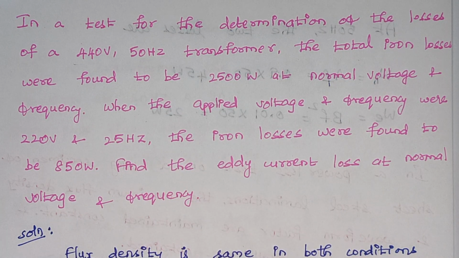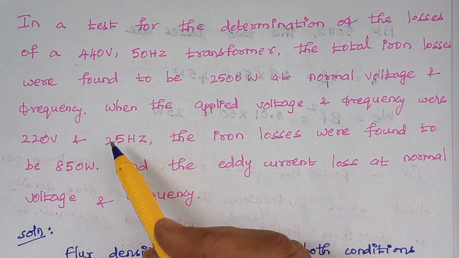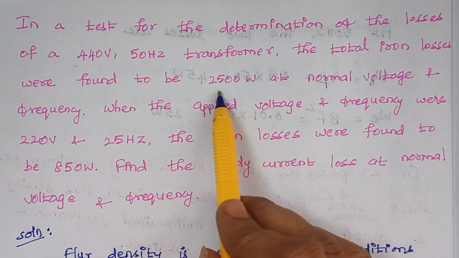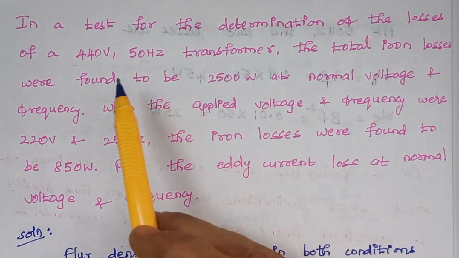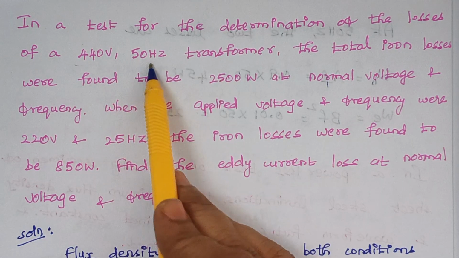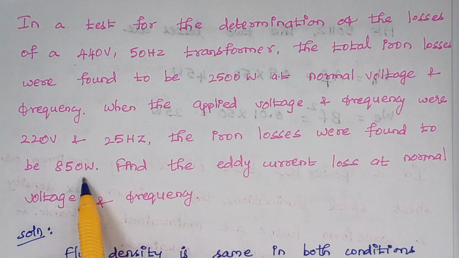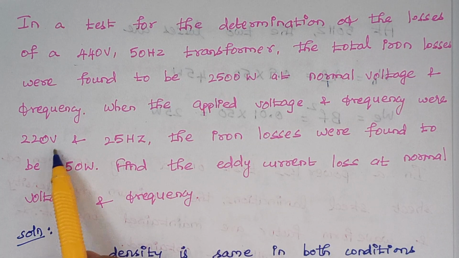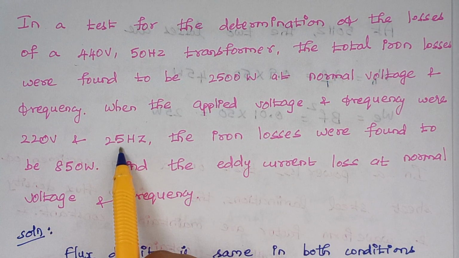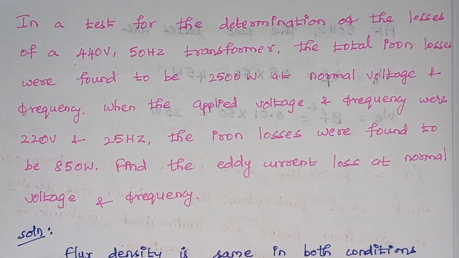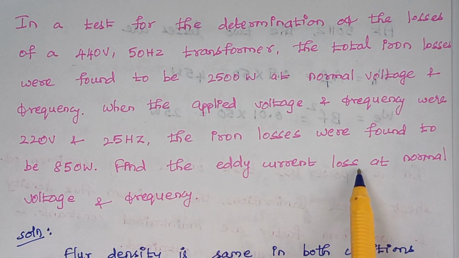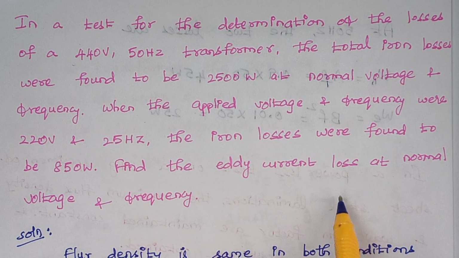So here two different scenarios are given. 2500 watts is the iron loss when the supply voltage is 440 volt and 50 Hertz. Again, 850 watts is the loss when the supply voltage is 220 volt and the frequency is 25 Hertz. Now we are expected to find the eddy current loss at normal voltage and frequency.